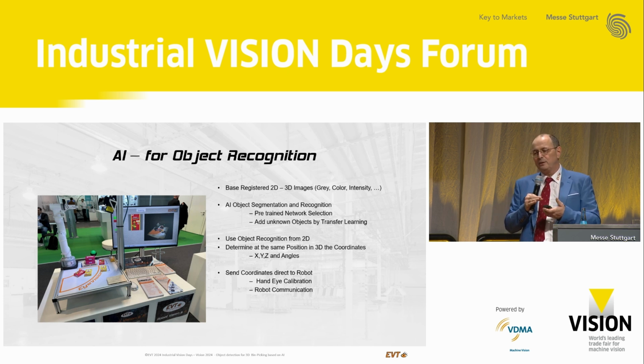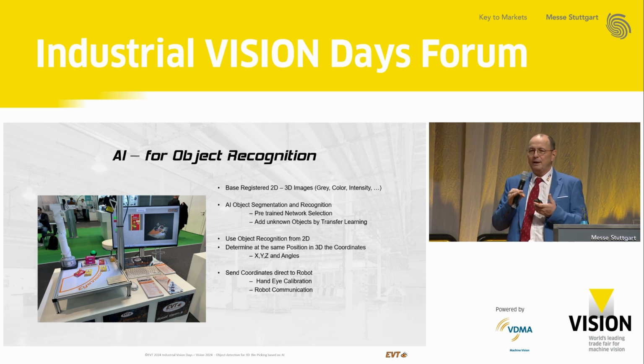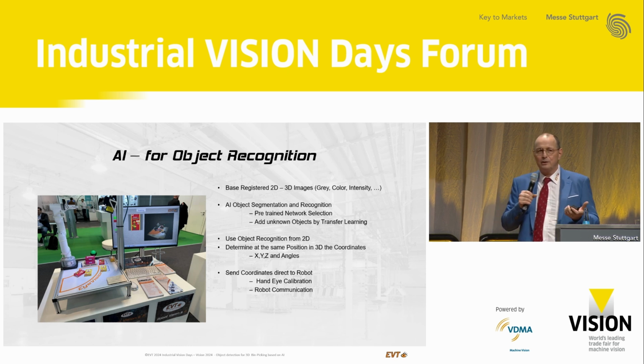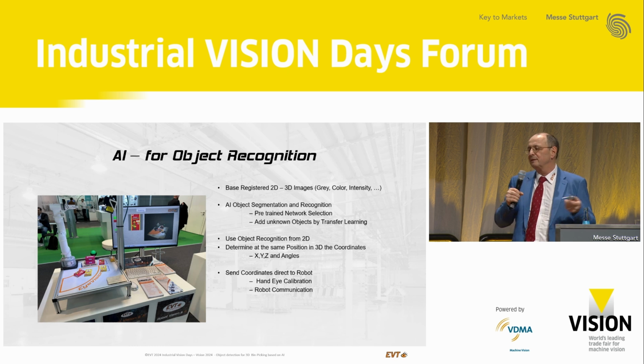If you train a network from scratch, maybe you need multiple days and many thousands of images. If you use a pre-trained network, you need maybe 100 images. And with some integrated augmentation, you can train the network immediately, and you are ready to go and to work with it within, let's say, 1 hour or 2 hours with the new part.